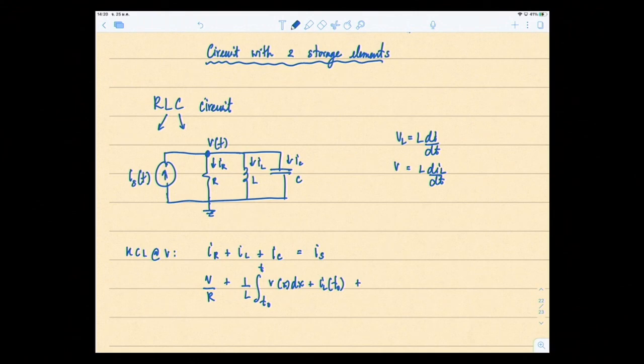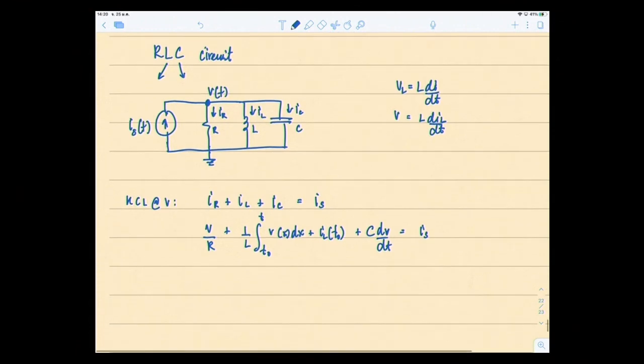And IC, the relationship for the current through a capacitor, is C dV/dt. Well, we never like integrations in the picture, so we can differentiate the entire equation with respect to time.